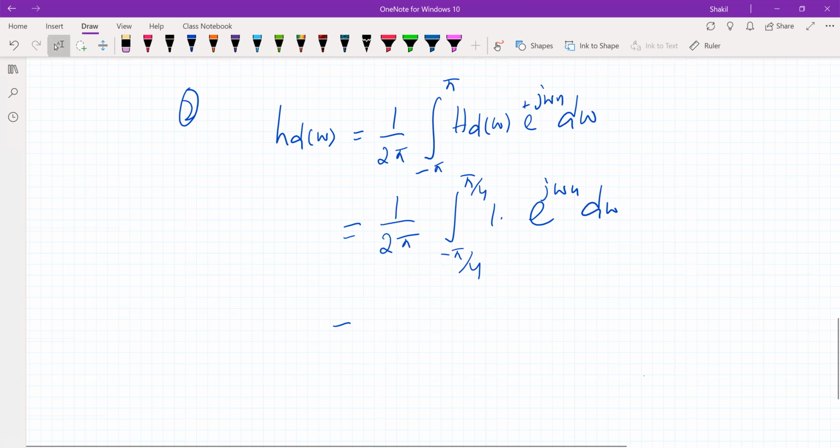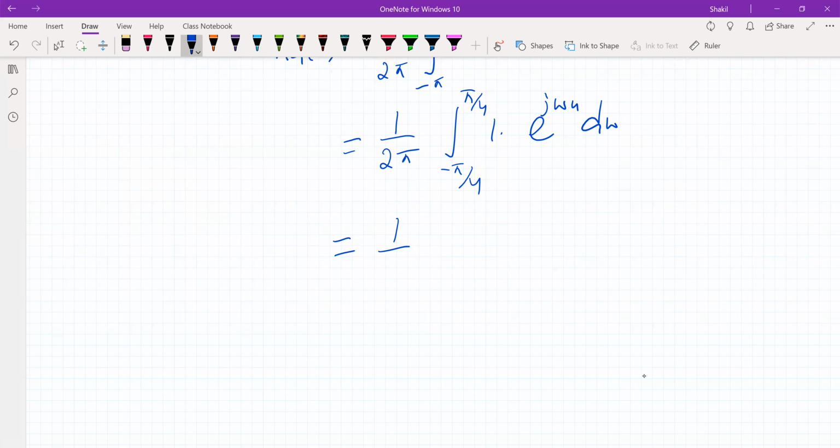So integrating this expression, we'll have 1 by 2 pi, e to the power of j omega n divided by jn. Why jn? Because we are integrating with respect to omega. So the limits are minus pi by 4 to pi by 4.